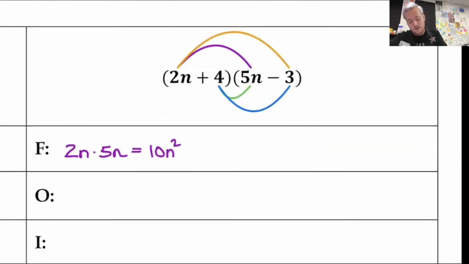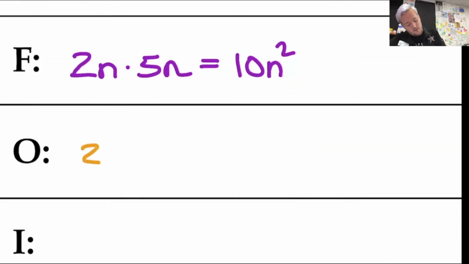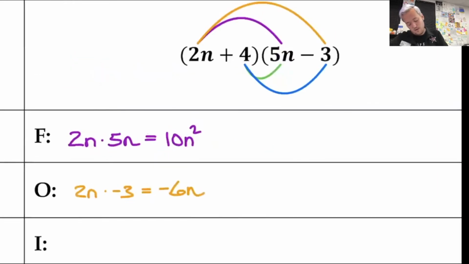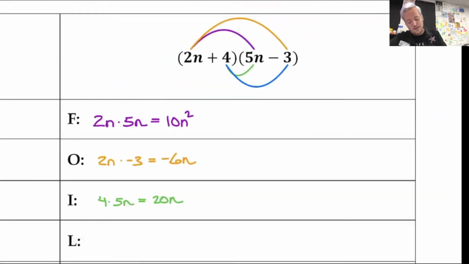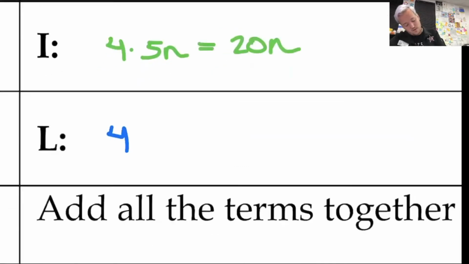And now for the outer terms, we're going to have 2n times negative 3, which gives you negative 6n. And then you're going to have your inside terms, which are 4 times 5n, which is going to give you 20n. And then your last terms, which give you 4 times negative 3, which is going to give you negative 12.